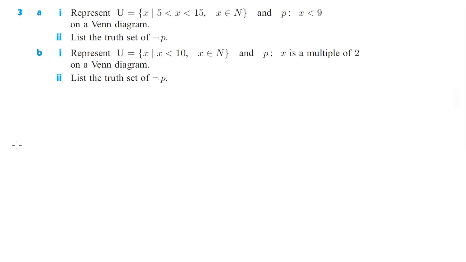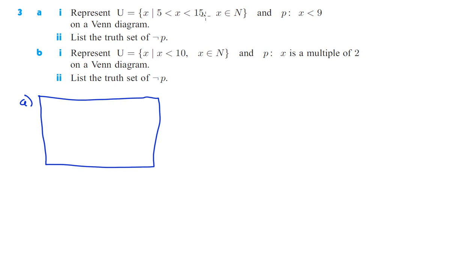Last problem, number 3. Represent U, the universal set, and P on a Venn diagram, and then list the truth set of not P. All right, so let's do that one. Let's make our Venn diagram here for A. The universal set is going to be all of the natural numbers between 15 and 5, but not including 15 or 5.